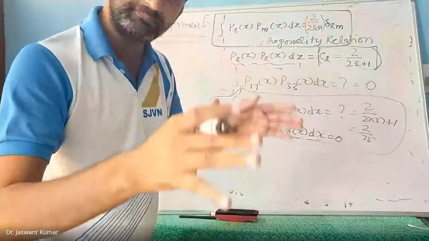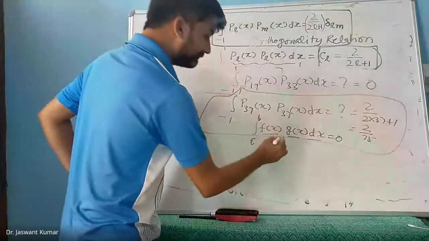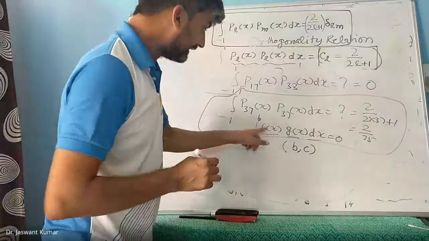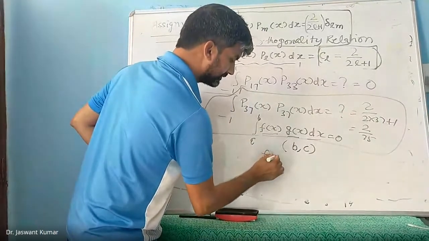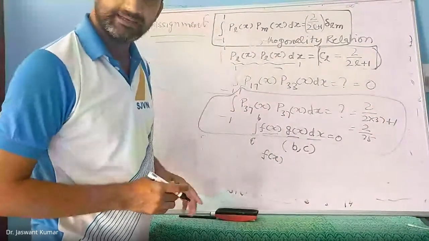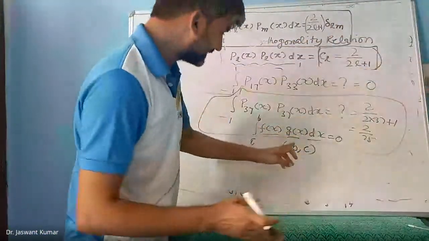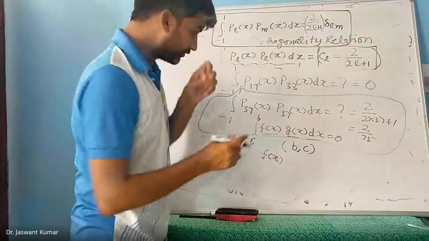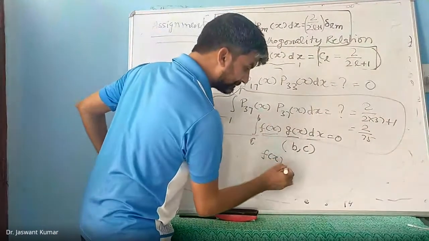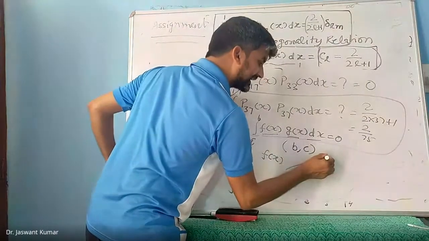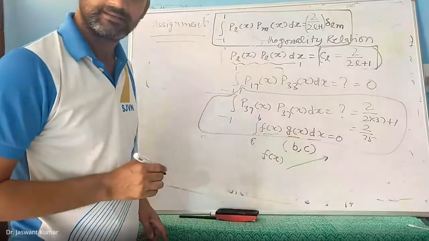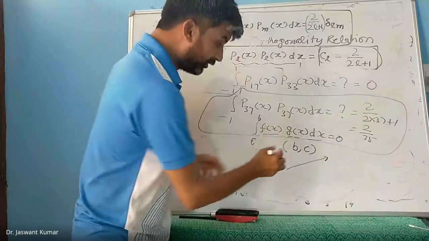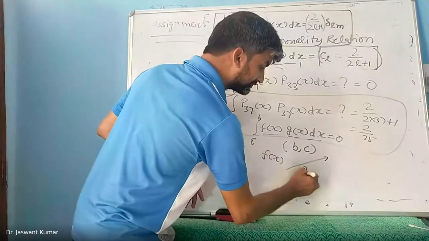The physical meaning is that within the domain, f(x) is some function. Along a particular fixed direction, if f(x) has some component in that direction, then in the same direction the component of g(x) will be 0.